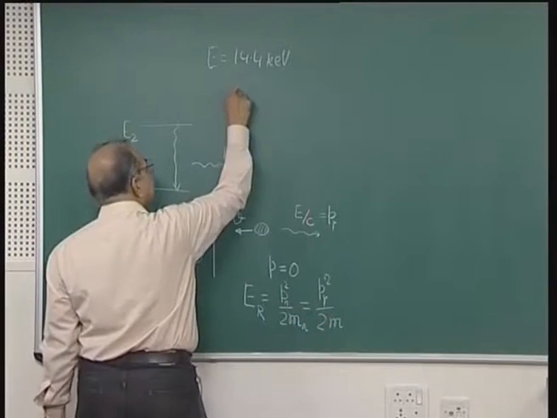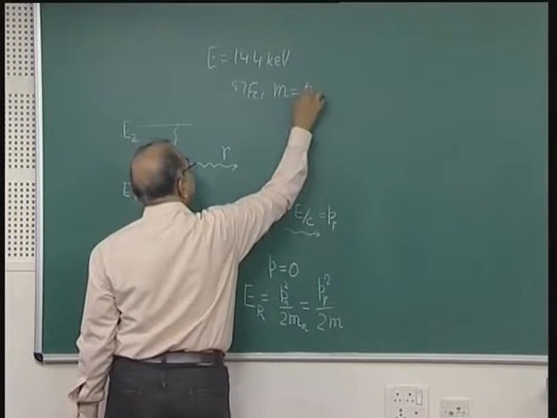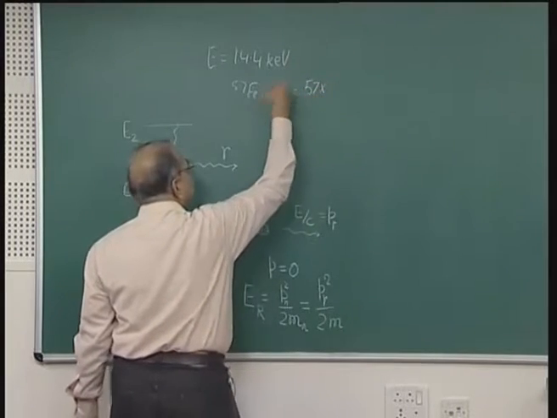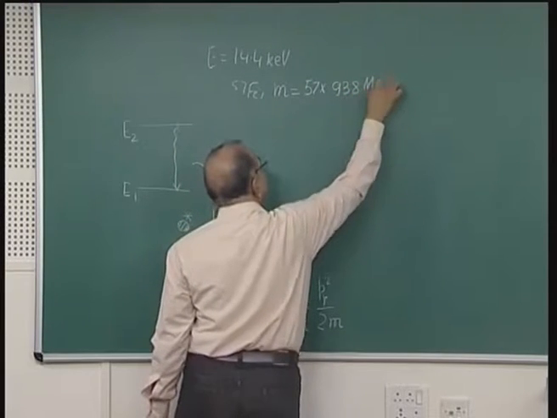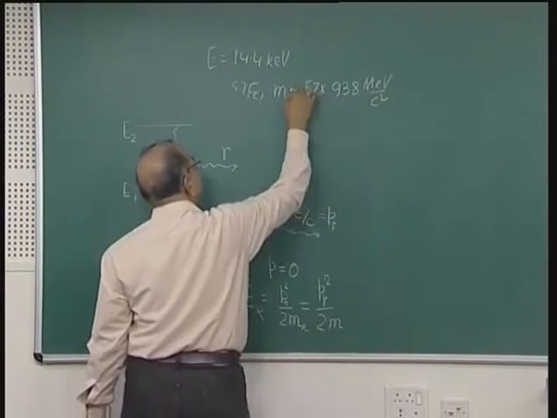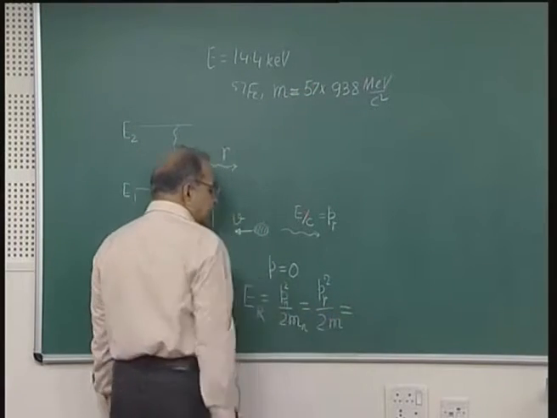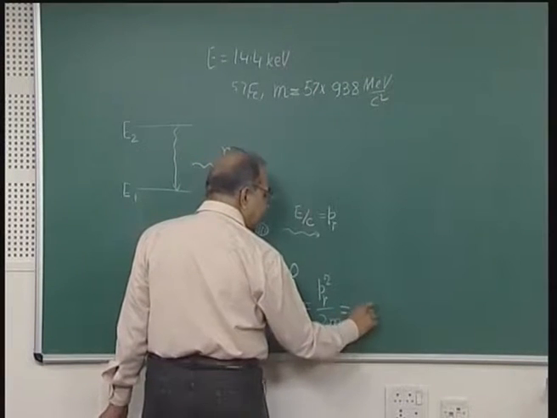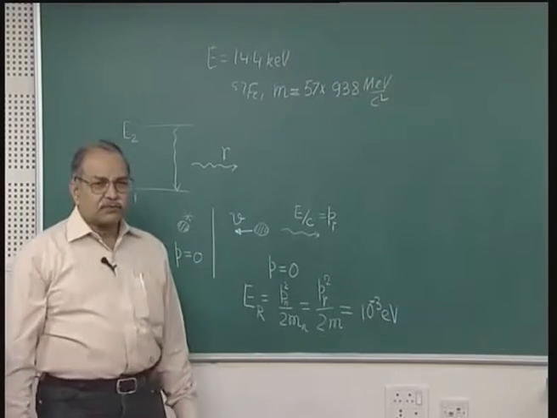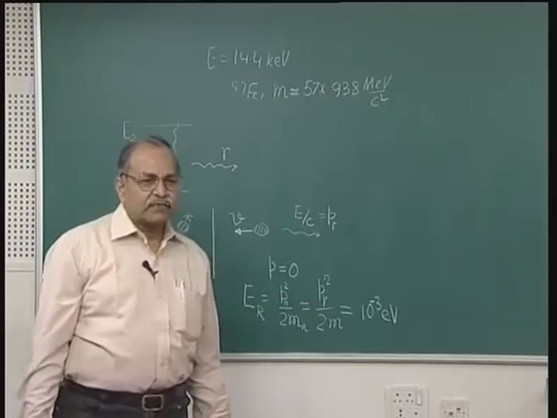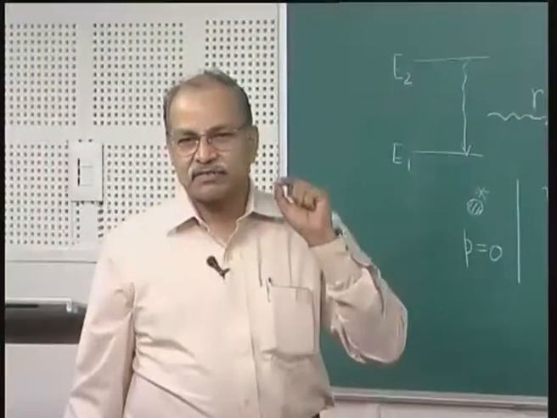If I take iron-57, then the mass will be approximately 57 times the mass of a proton, that is 938 MeV by c squared. Putting all these things in, you will find that this energy is something like 10 to the power minus 3 electron volts, very large, 100,000 times larger than the 10 to the power minus 8 eV that we were talking about.